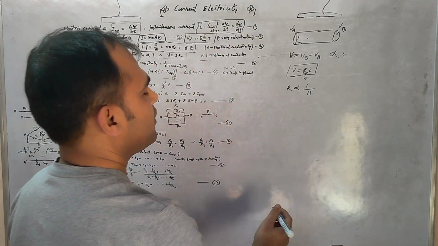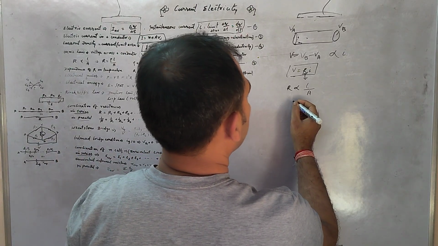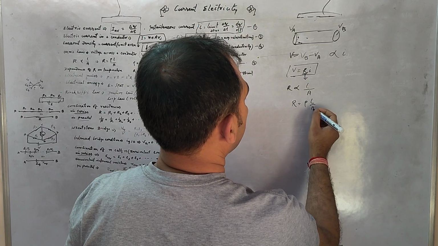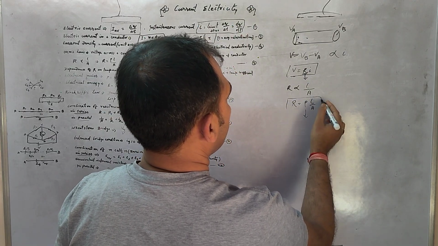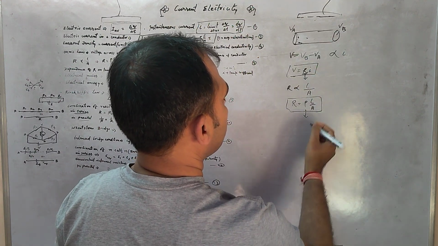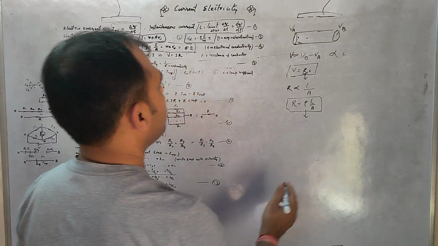So this is directly proportional to L by A, that can be rho L by A, where rho is the resistivity, that is the specific property of this conductor material. This is conductivity.